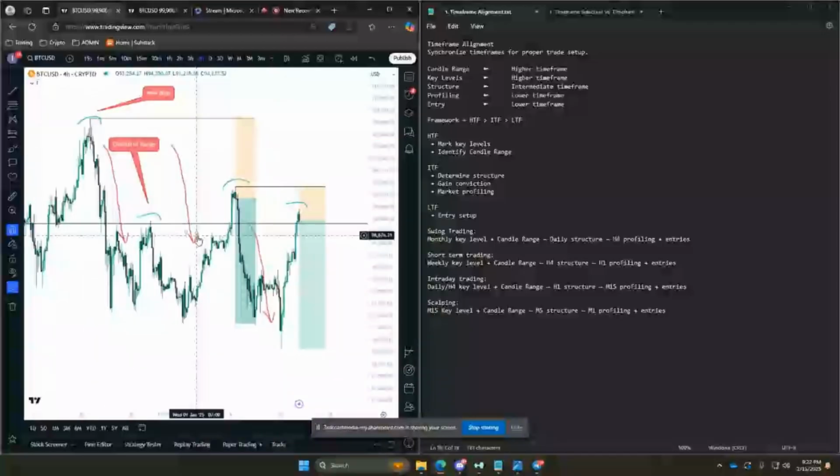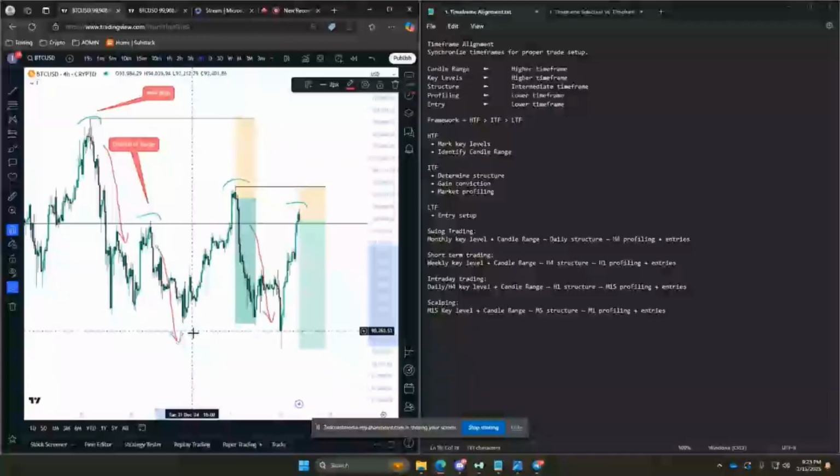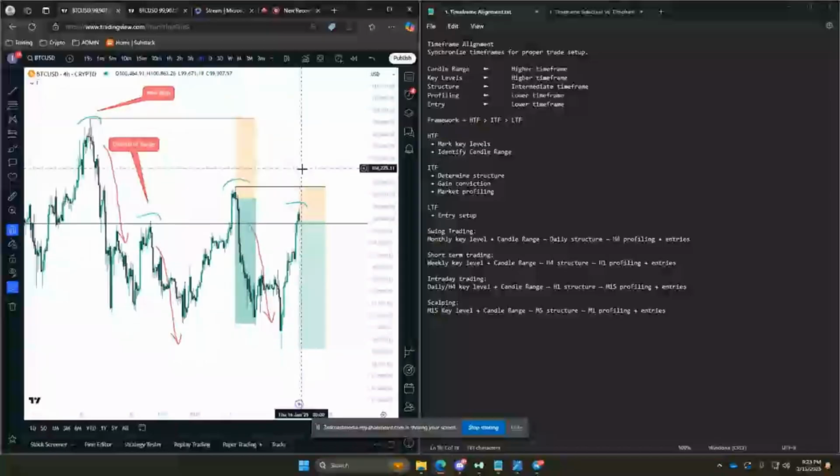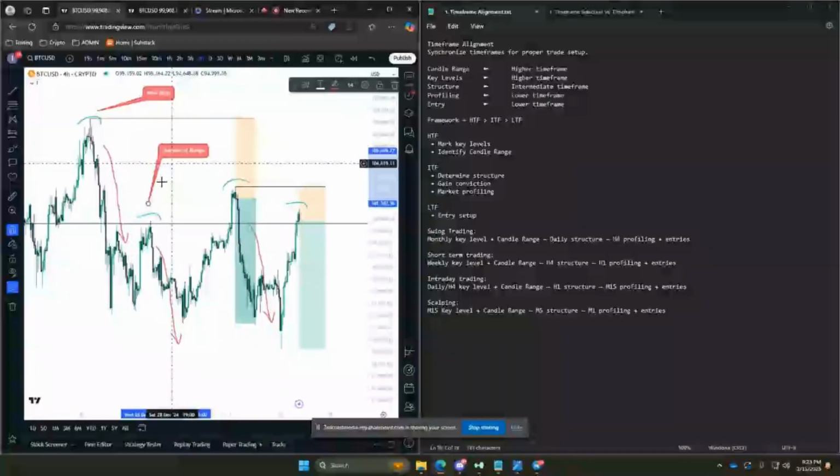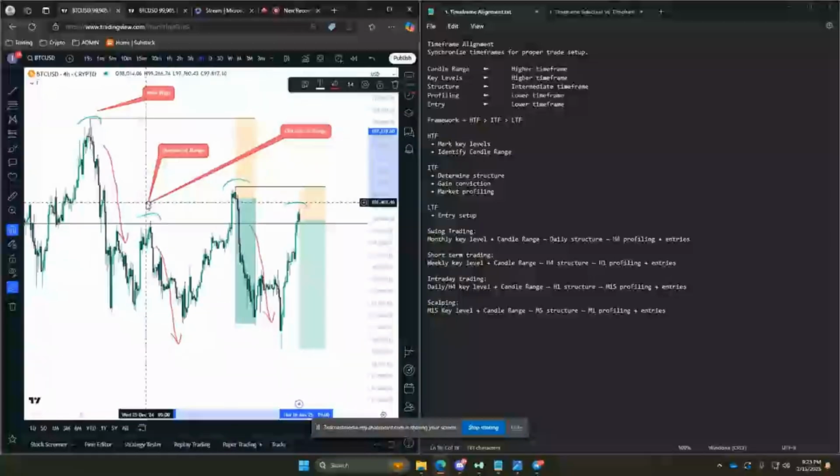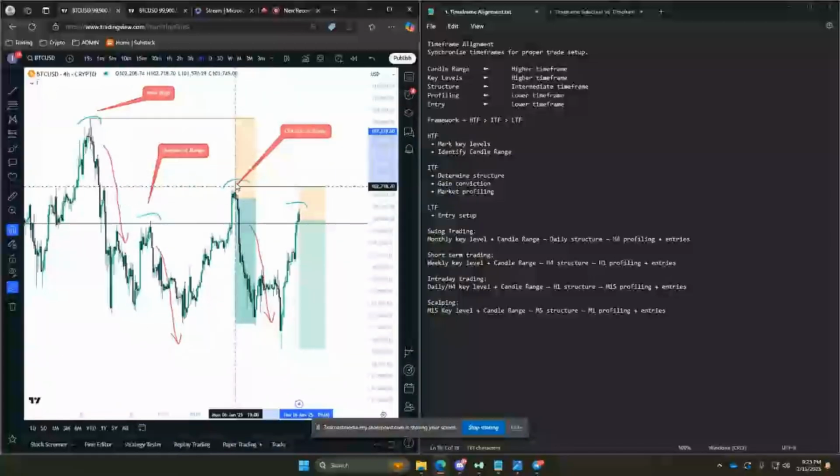And then it dropped again, right? And then we traded outside the range again. So we entered this position here, okay?